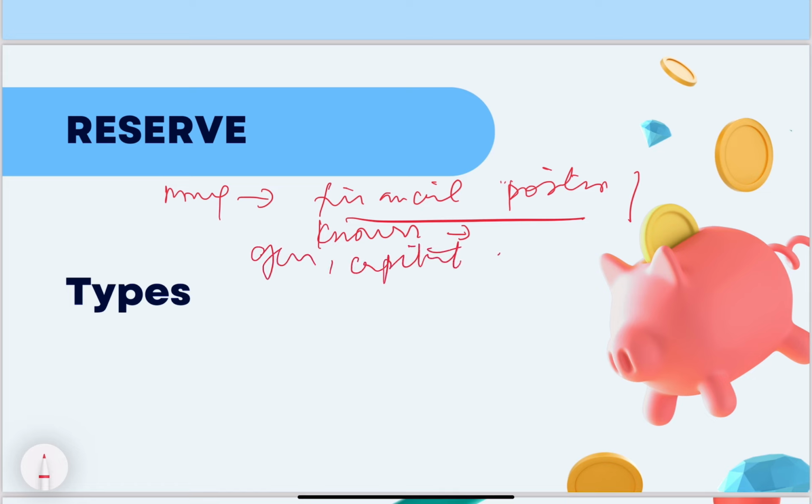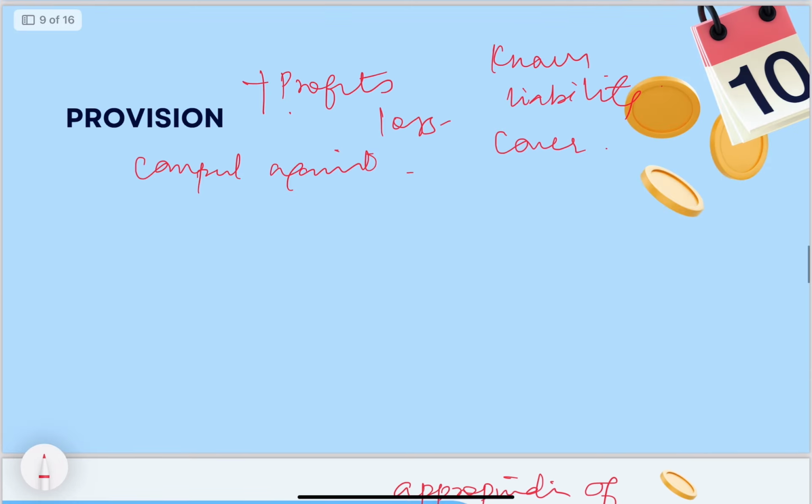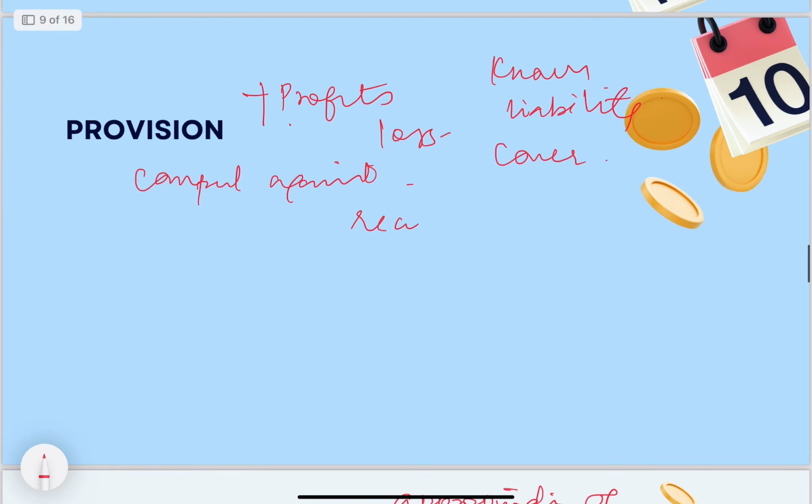So a reserve is an appropriation of profit, whereas a provision is a compulsory charge against profit. Reserve is done after calculating net profit, but provision is recorded before calculating the net profit.